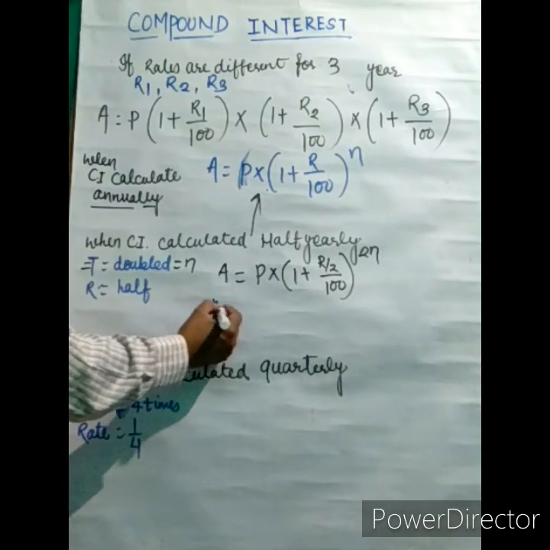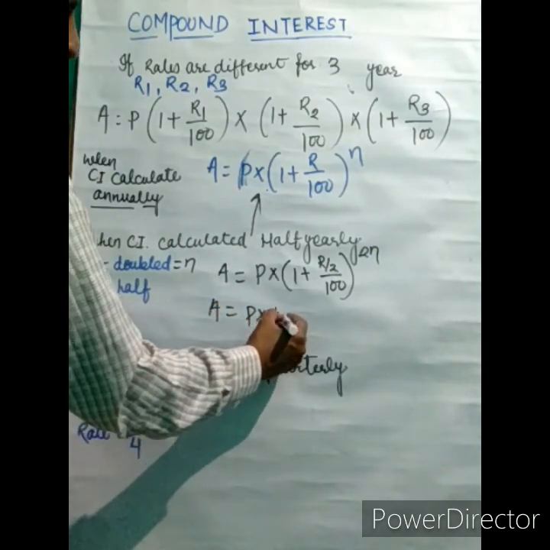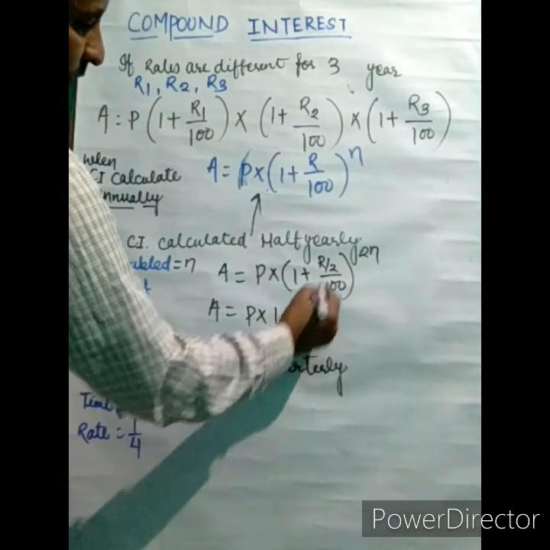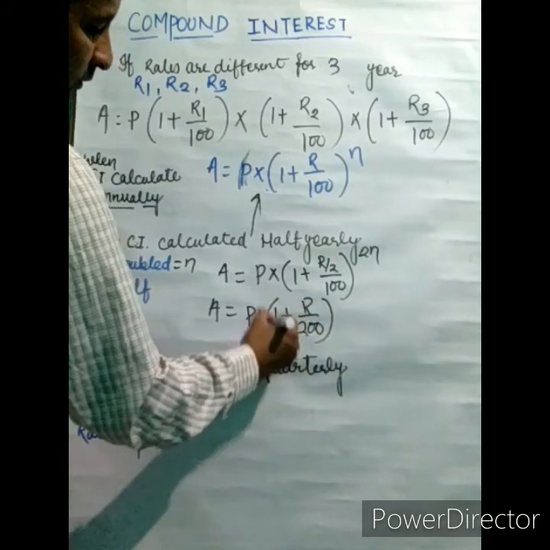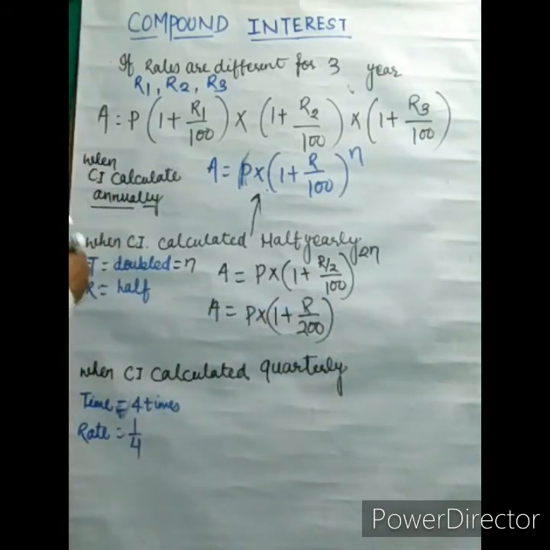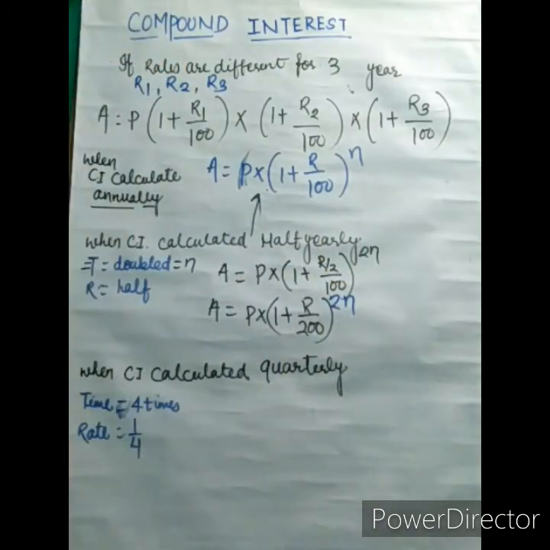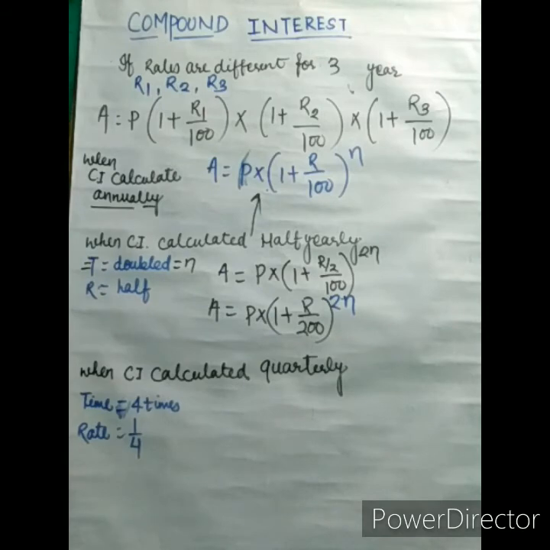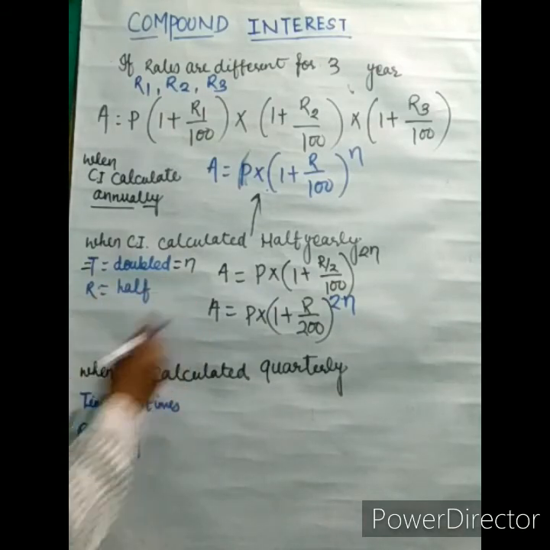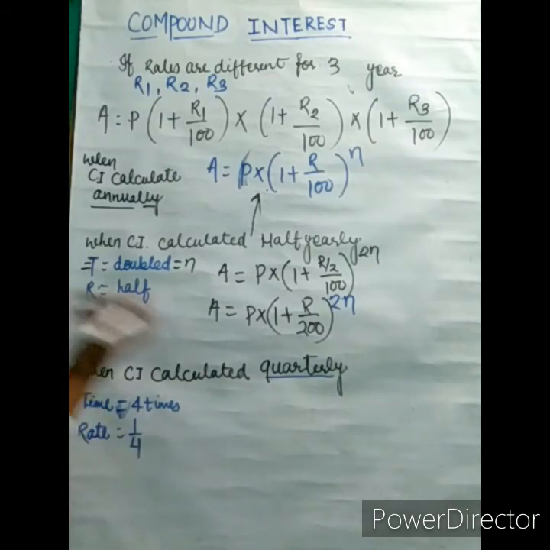So we can write A equal to P into 1 plus r over 200 whole power 2n. This is the formula when compound interest is calculated half yearly. In the same way, when compound interest is calculated quarterly, the time will become 4 times and the rate will become one fourth.